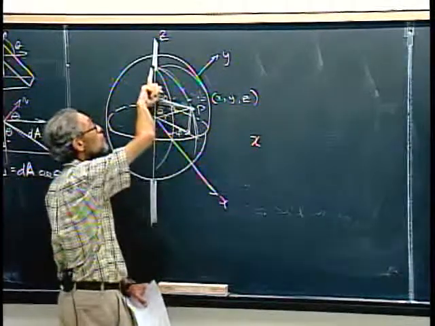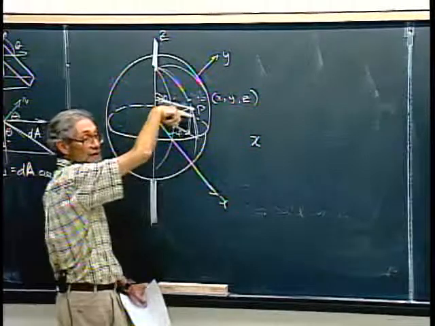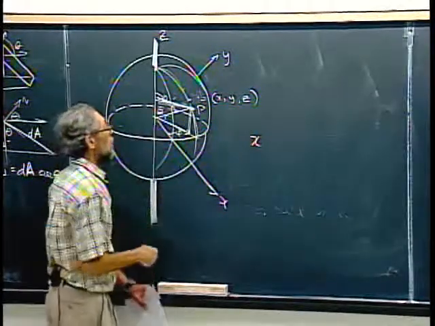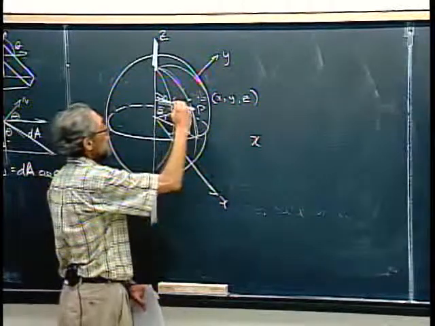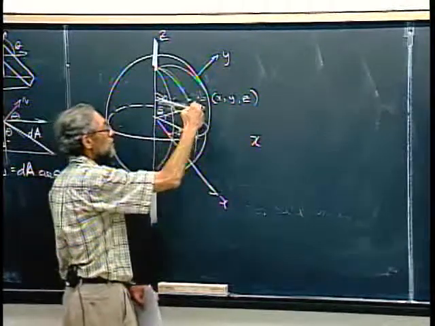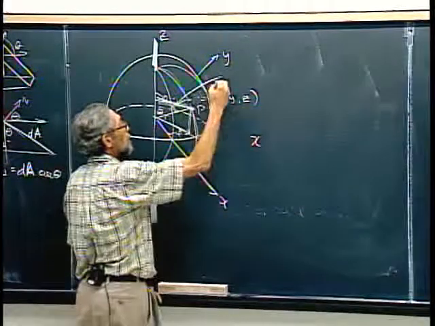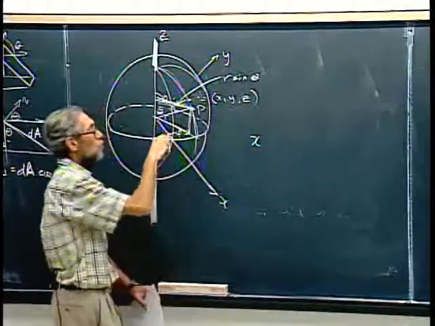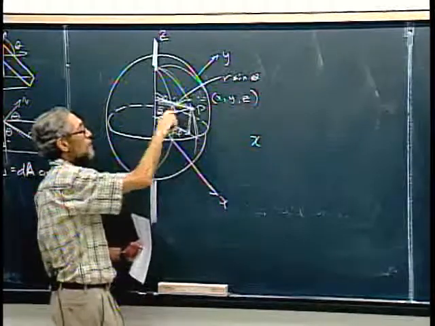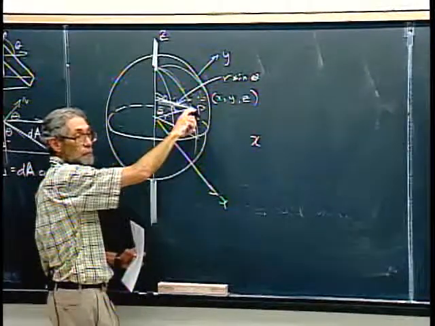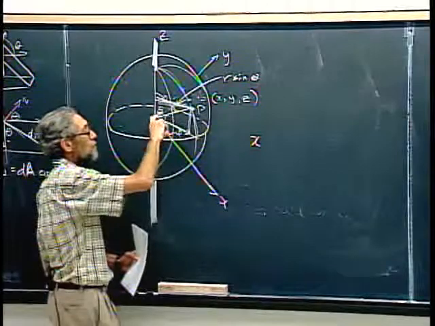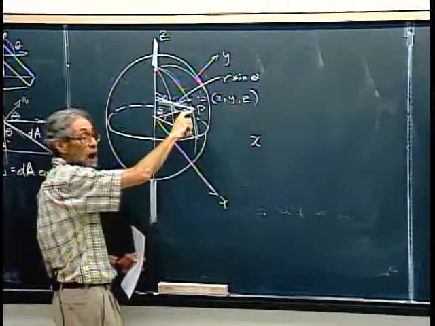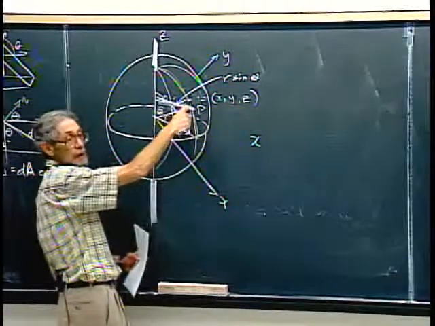Because theta is measured from this z-axis, not up from the equator plane. So actually it's not cosine theta, because it's measured from the z-axis. This is actually r sine theta, because this is the side opposite. The ratio of the side opposite to the hypotenuse is sine theta, so you multiply the hypotenuse by sine theta to get the side opposite.